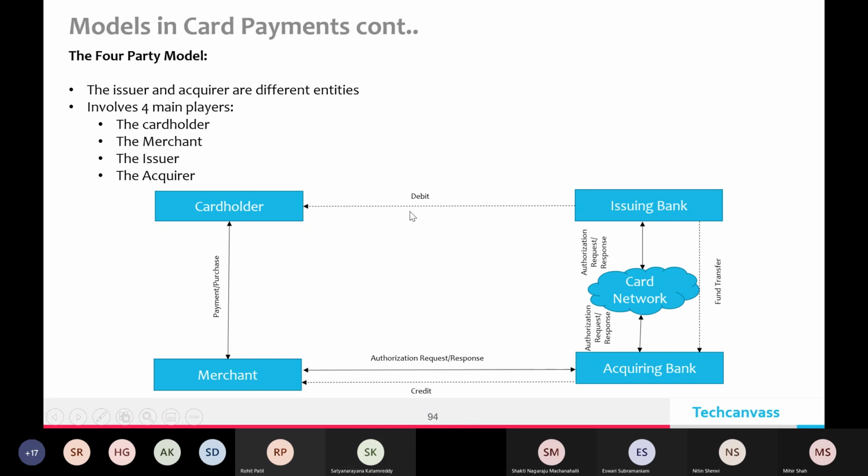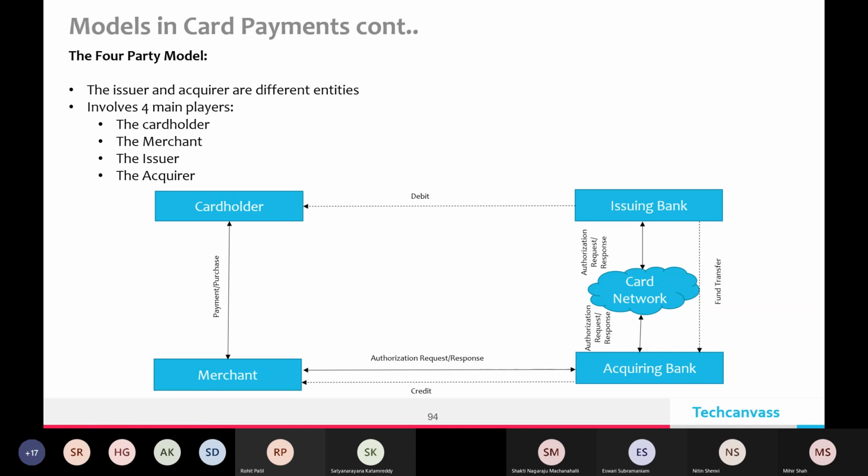Okay. And similarly, in this entire channel, if there is some connectivity issue or something, generally this entire transaction happens in a few seconds. The most advanced systems, like VisaNet or MasterCard's clearing and settlement, are poised to do the entire transaction within 1 second.